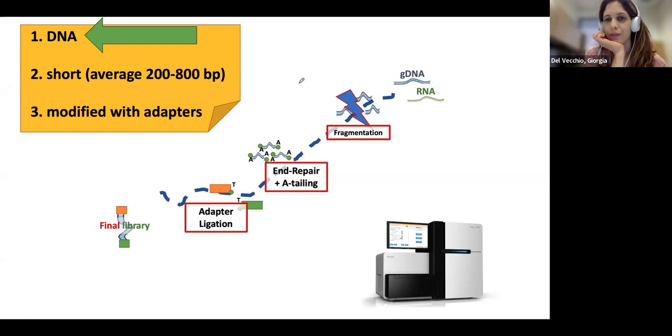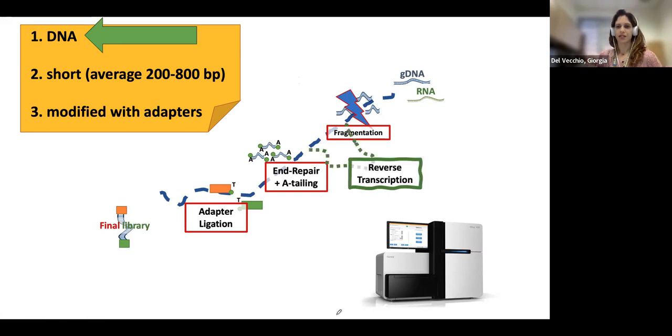If you have ever performed even real-time PCR before, you should know the answer. Yes, that was easy. Yes, correct. Reverse transcriptase, exactly. So we will for sure have a reverse transcription.